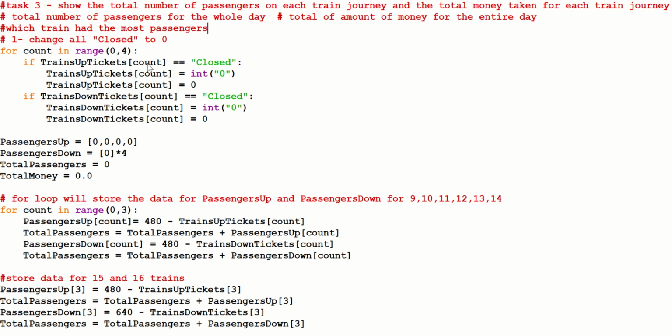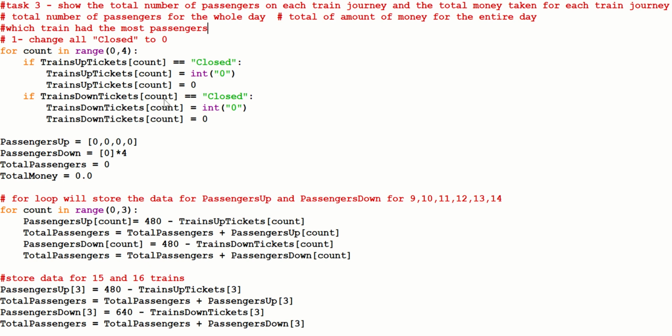position 1 in the array, when count is 1. The array starts with 0, so position 1 would be the second one. If it equals closed, then it would be turned into the number 0.